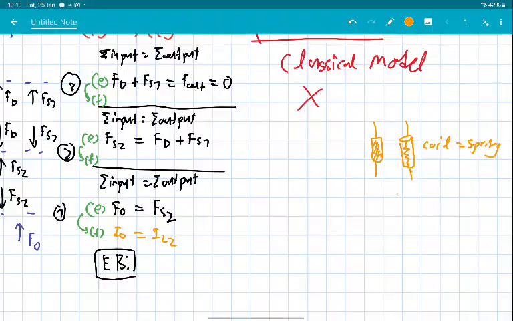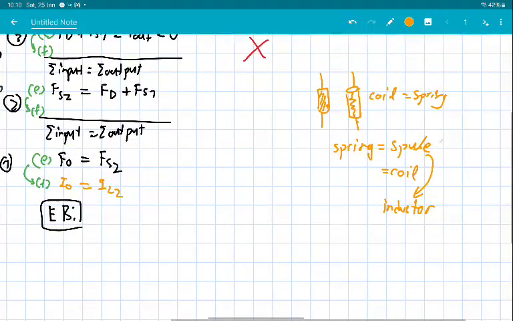In fact, a spring in German is called Spule. Spule means coil, and Spule also means inductor. So this is German, and this is English.